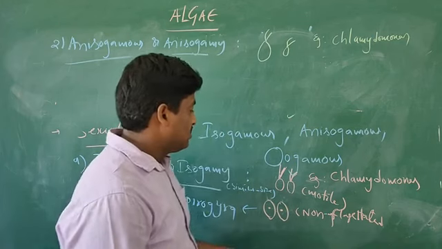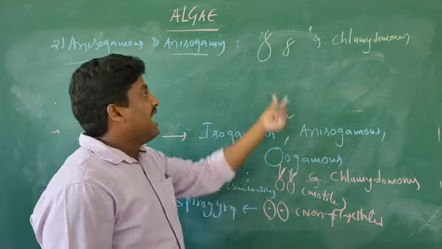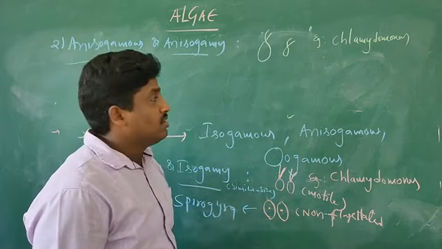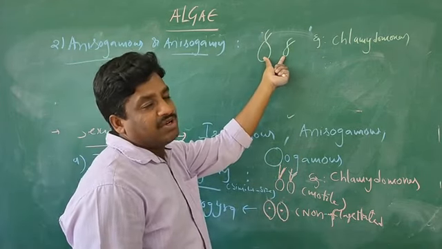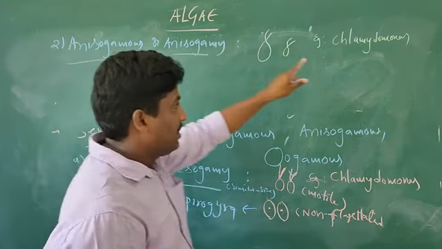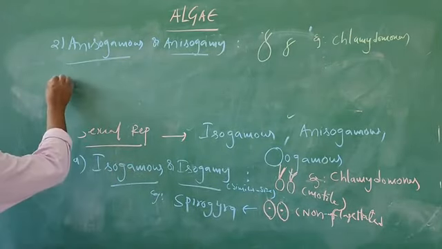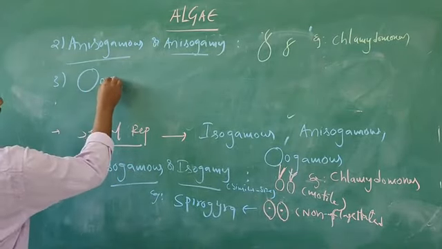Think about it like this: in Chlamydomonas, gametes similar in size are present and gametes dissimilar in size are also present. The fusion between dissimilar-sized gametes we call anisogamy or anisogamous. Example, Chlamydomonas.